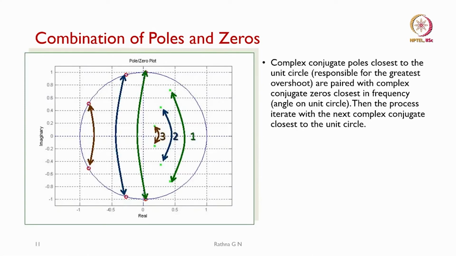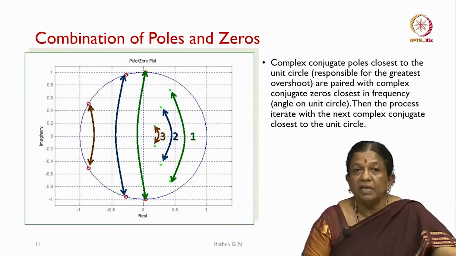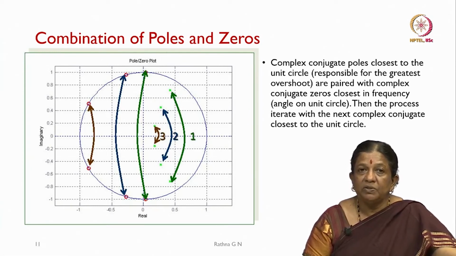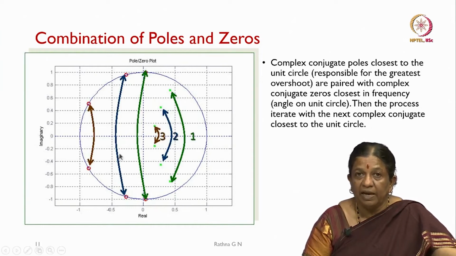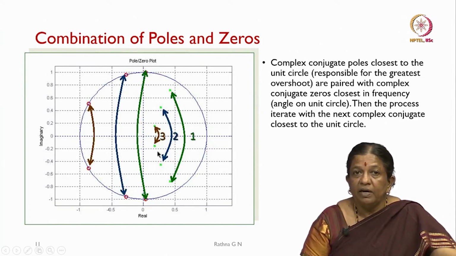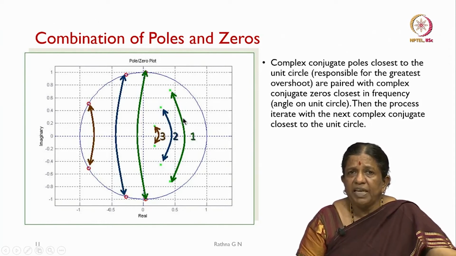Now, because we are going to have many cascade sections, and here we have taken only one second order section, if we have multiple sections, how are we going to combine them, since we will be arriving at poles and zeros? How we combine them is shown by this diagram. First, we consider the complex conjugate poles. They have been named as the first conjugate pole here, then the second set, and this is the third set.